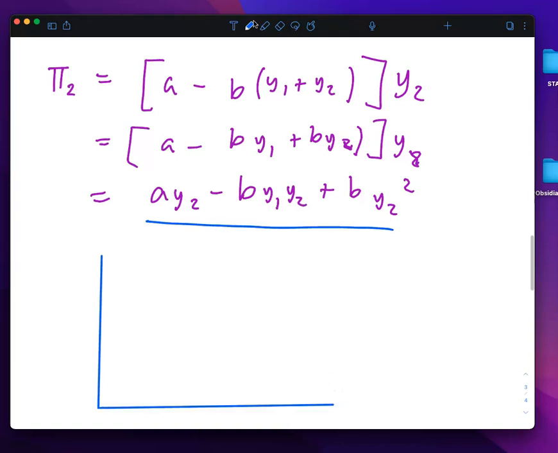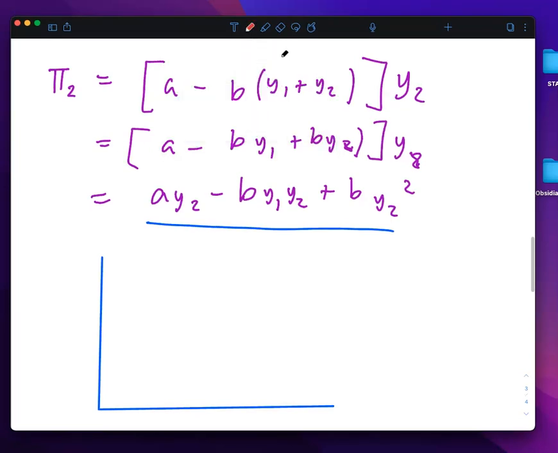what I'm saying here is that we have combinations of player 2's output and player 1's output. And these level curves are actually going to look like this.